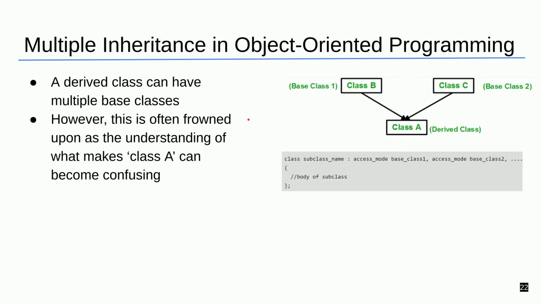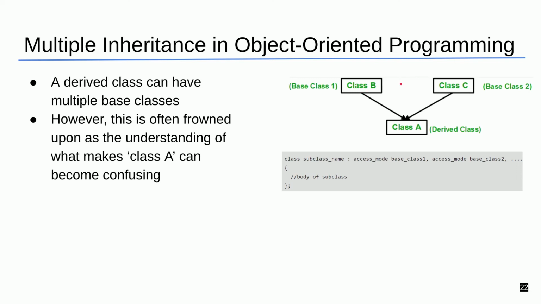Okay, so we can also have different strengths or amount of power with multiple inheritance in object-oriented programming. A derived class, so this derived class A, can have multiple base classes, just like you can have multiple parents here, if you want to think about this again as a family tree.